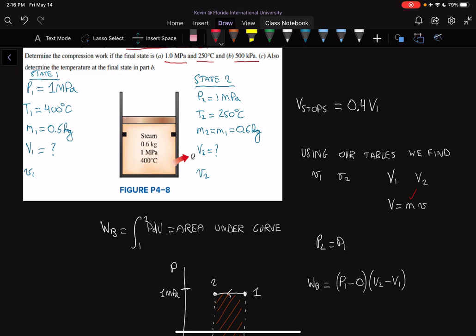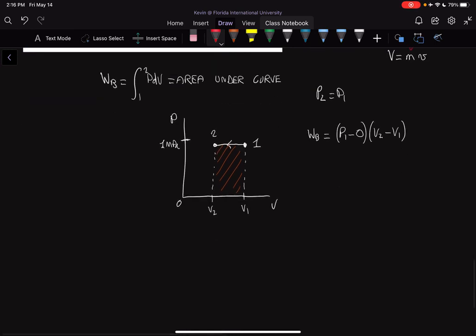Okay, so we're going to go to our tables. And for this system, we have tables for steam. So at state 1, we're told that pressure 1 is equal to 1 megapascal, and temperature 1 is equal to 400 degrees Celsius. And from the tables, we're going to find little v1.